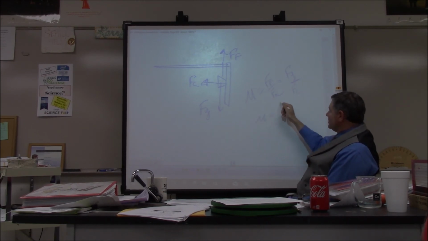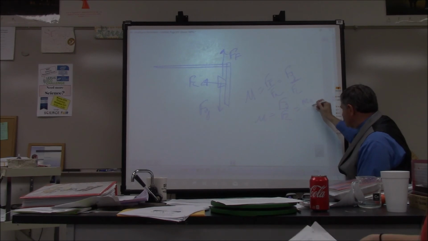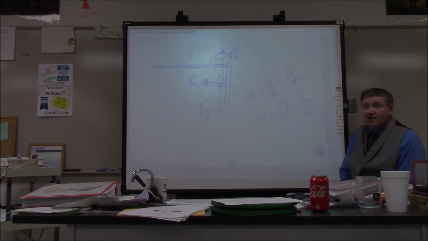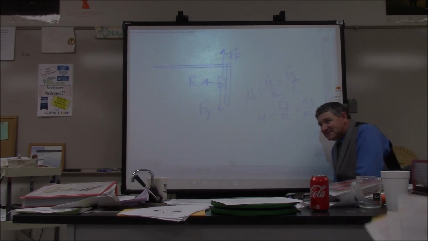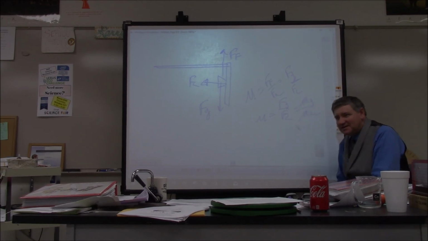So now I've got mu equals Fg over Fc. Now, in this case, this is going to be mg, and this is just going to be mass times my centripetal acceleration. So conveniently, Vonda, what's going to happen to the mass? The masses will cancel out. Okay, right.